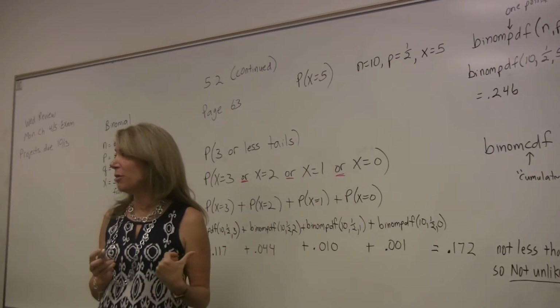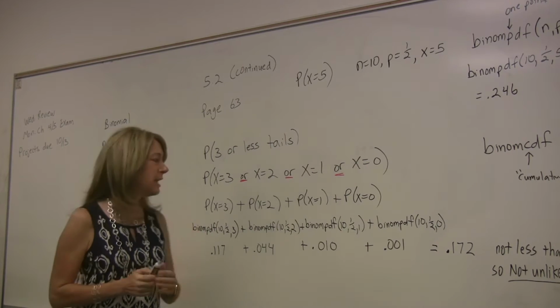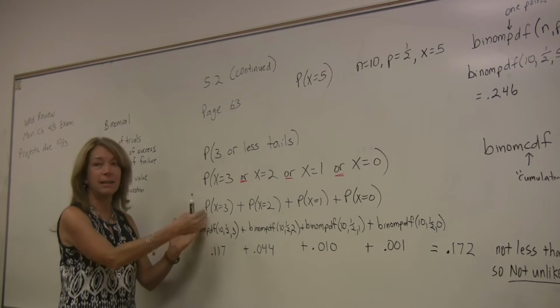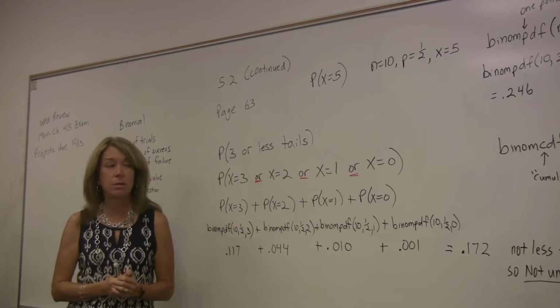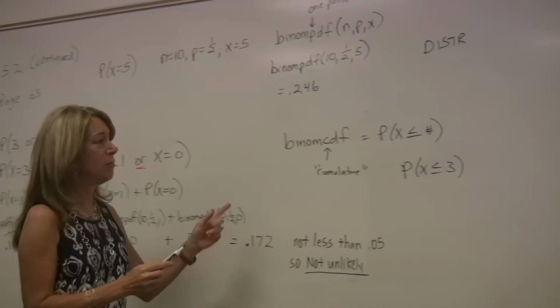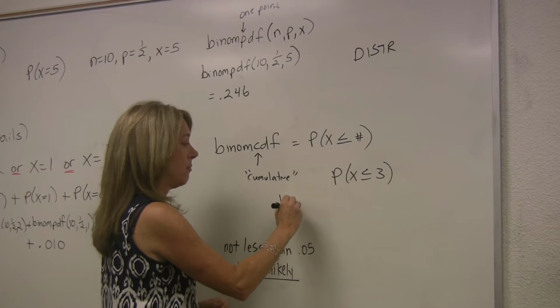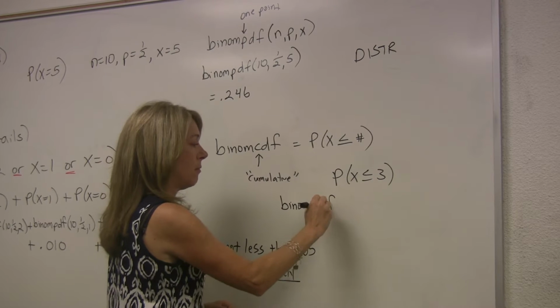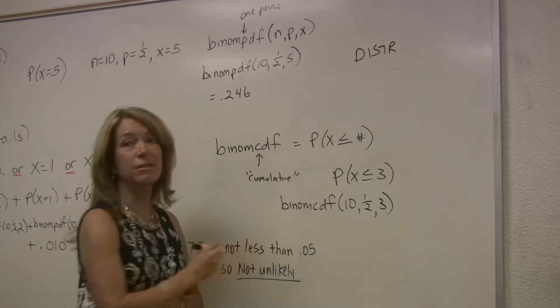I just want to make sure you know what it's giving you. We could use binomial CDF. And binomial CDF does exactly what we just did. It takes the 3 and everything below it all the way down to 0. So let's try binomial CDF with the same information here. The N was 10, the P was 1/2, and the X was 3.